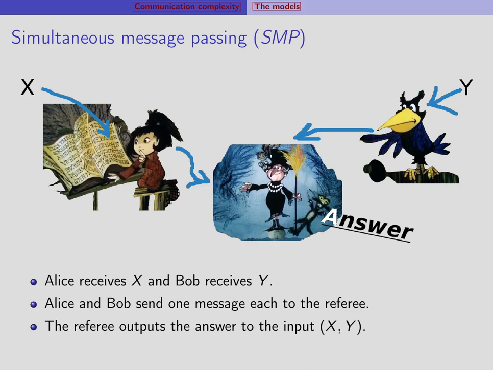Here, the referee knows nothing a priori, and the only knowledge available to the referee in order to produce her answer is the knowledge received from the messages sent by the two players, Alice and Bob.